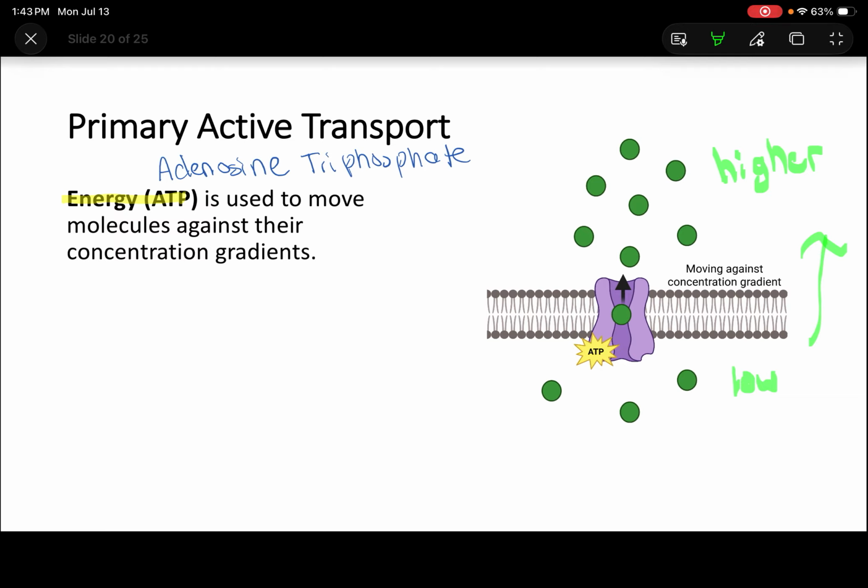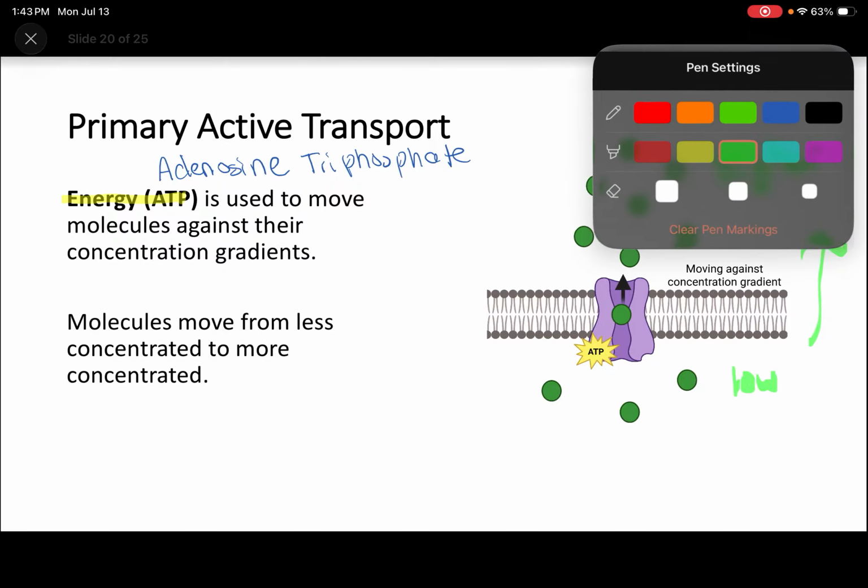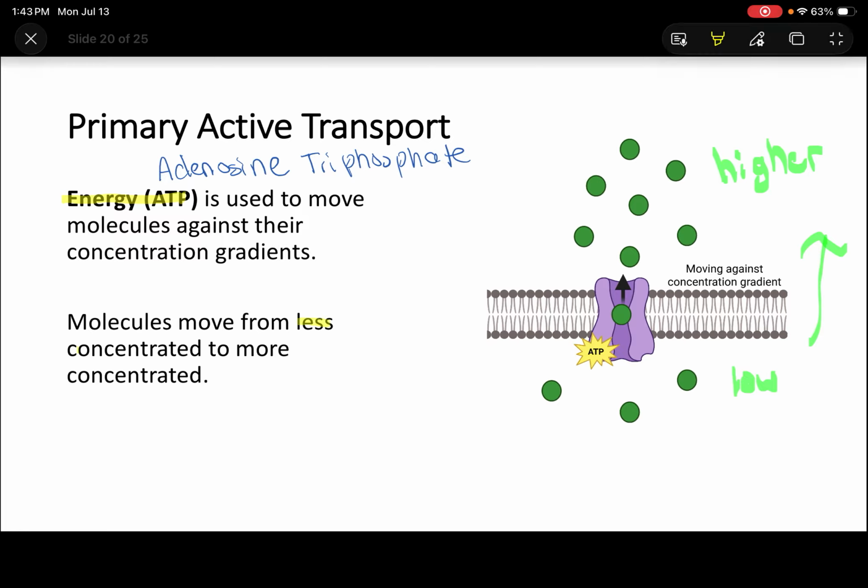So we are using energy to move these molecules against their concentration gradient. And remember that we're going from less concentrated to more concentrated. So this is something that these molecules do not naturally want to do. So we use an input of energy in the form of ATP in order to move that molecule across the membrane. So this is primary active transport. It uses ATP.